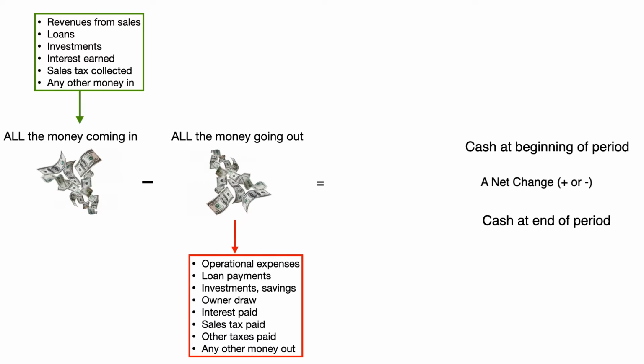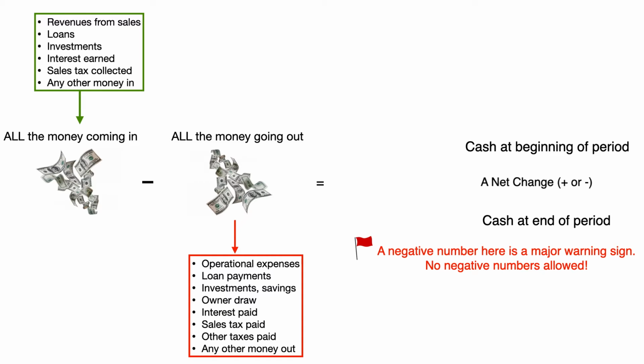Now, it's important to realize that a negative number in that cash at the end of the period, if that is negative at all, that is a major warning sign. That is giving you a heads up that something has to change. You cannot have a negative. There's no such thing as a negative bank balance.